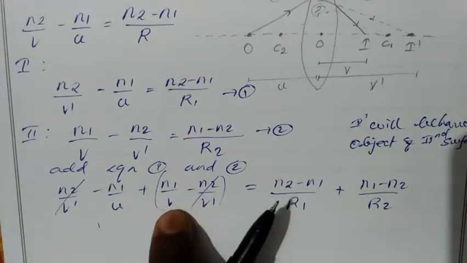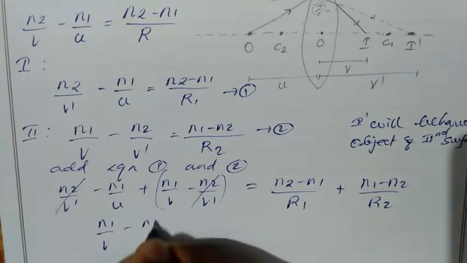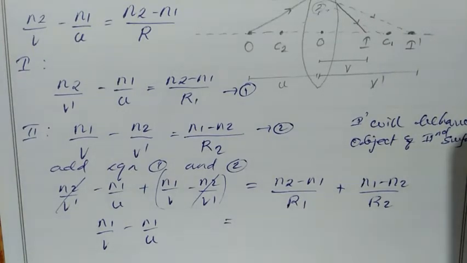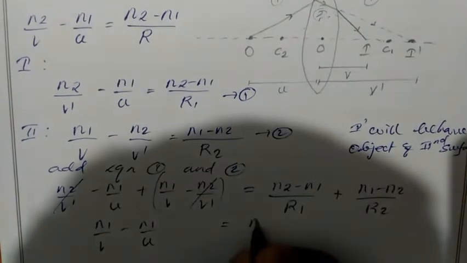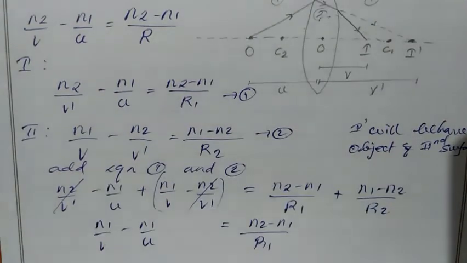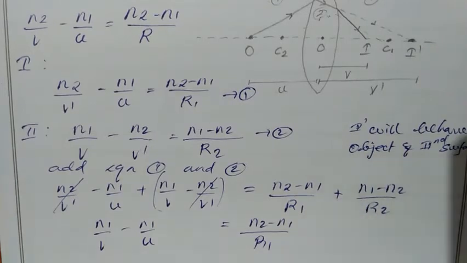Correct? Then we have n1 by v minus n1 by u, which is equal to, so I can change it as n2 minus n1 divided by r1. If I change it as n2 minus n1, then we have minus here.